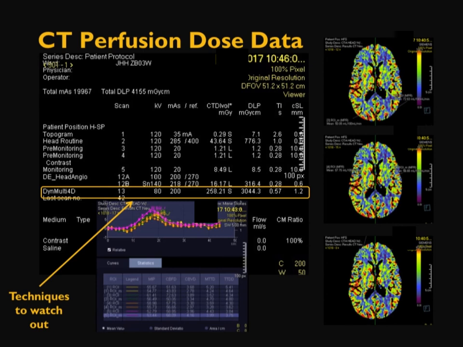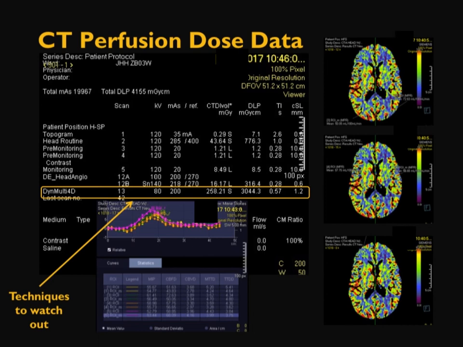Shown here is an example of a CT perfusion done on an ICU patient admitted for a stroke evaluation. The person is in a coma, and they are evaluating the brain function by doing this perfusion, where CT perfusion provides very beneficial information for evaluating the function of the brain in this instance.